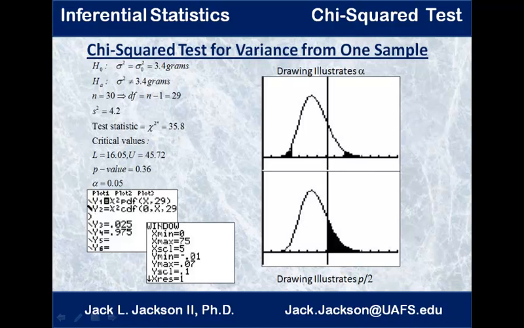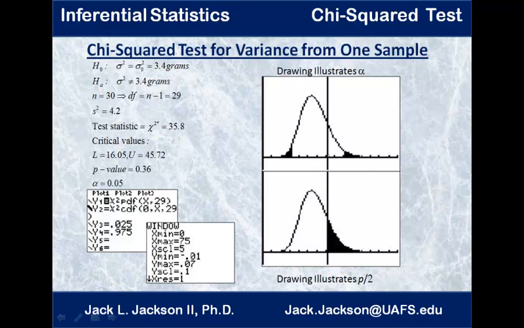The boundaries of this are L and U, the 16.05 and 45.72 that we found earlier. Then I just drew a vertical line at my test statistic, and of course it's clearly in the non-rejection region.